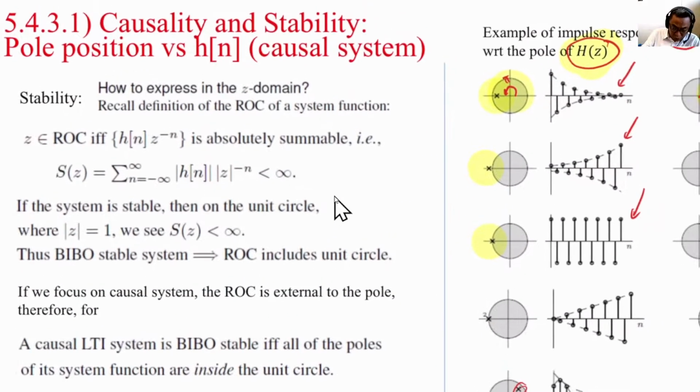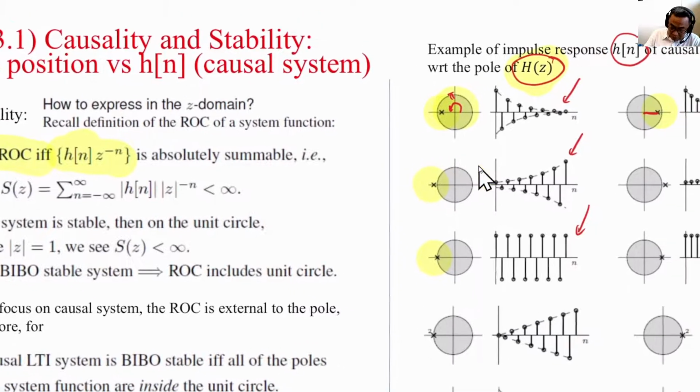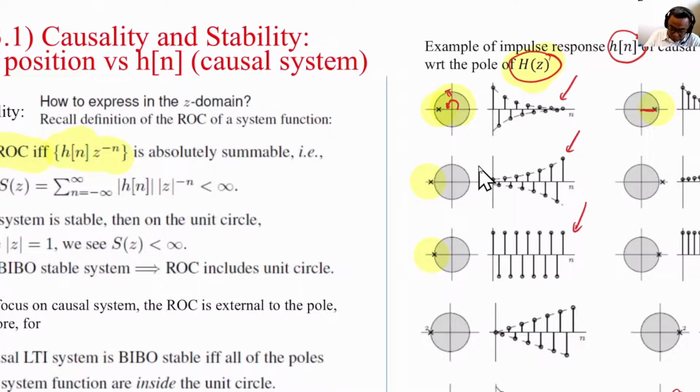So why is this true? It's because the region of convergence actually tells us if the sequence is absolutely summable or not. If the region of convergence includes the unit circle, where the magnitude of z is 1, then this sequence will converge. And the poles always determine where the region of convergence is.